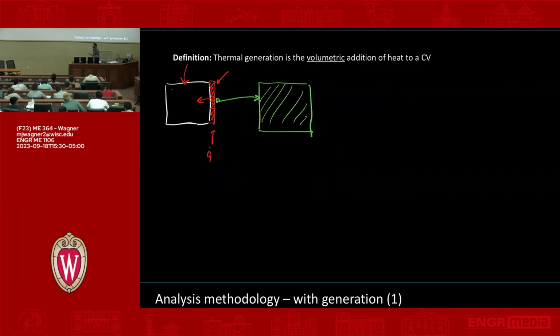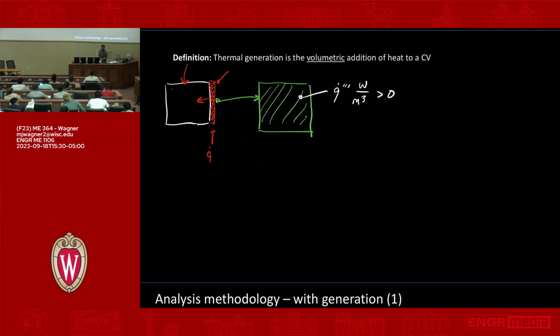So like there's energy being converted from electricity into heat. So that is volumetric generation. We normally describe the generation inside the domain in terms of this coefficient G dot triple prime. So this is effectively the watts that are being generated per unit volume, right, per meter cubed. And this is going to be some value greater than 0 in this case.